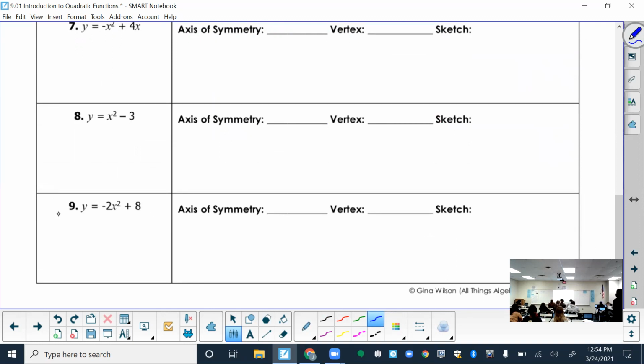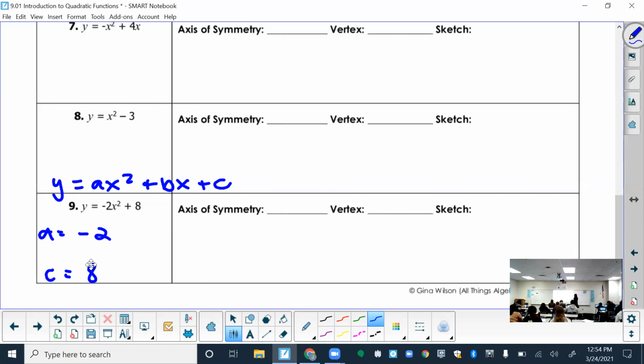Oh, I'm missing the b value, right? Because here's standard form again to reference. I have an a value. What would that be? And then I do have a c value. What would that be? 8. But I don't have a b value because it's not there at all.